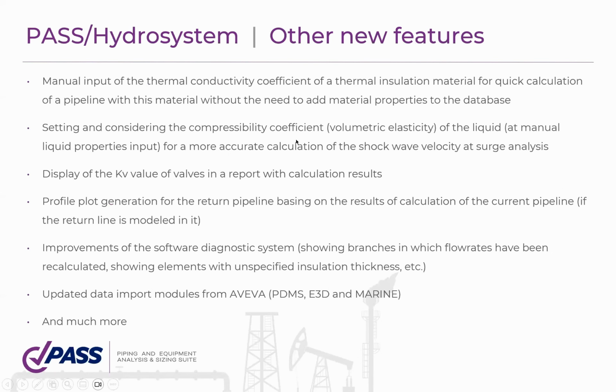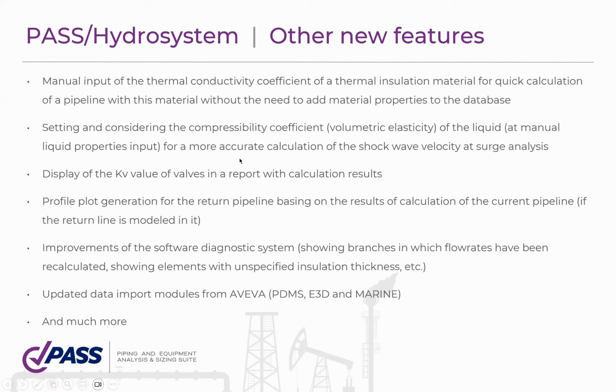And we have a lot of other new features. Among them, we now allow you to manually enter the thermal conductivity and other parameters of thermal insulation for some quick analysis. We're now allowing setting and considering the compressibility coefficient of liquid in water hammer and surge analysis. In the previous version, when calculating water hammer, for a more precise calculation you were forced to use thermodynamic libraries, because only libraries were able to calculate this compressibility coefficient.